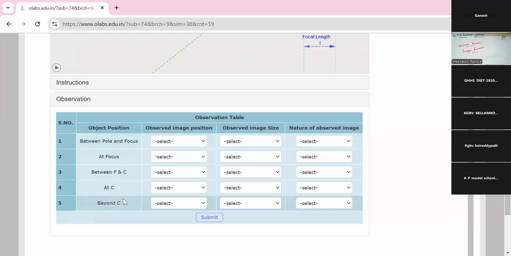This is the tabular column. The object positions are between pole and F, between F and C, at C, and beyond C. These are all the positions where we are going to fix the object.